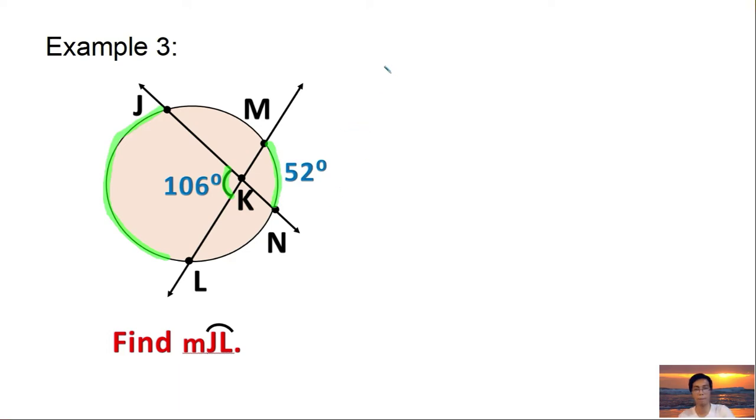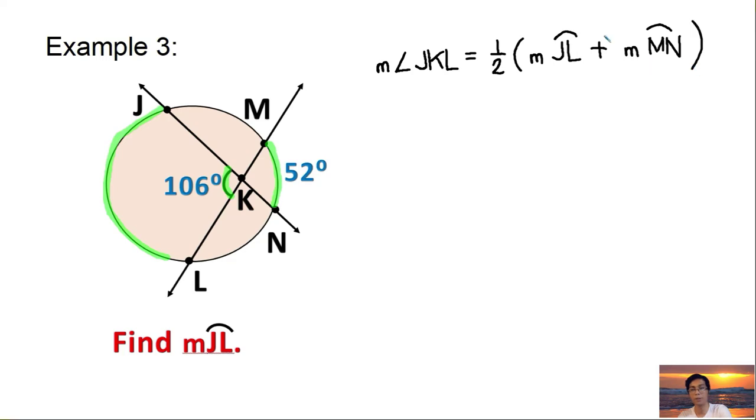The measure of angle JKL is equal to 1 half times the quantity, the measure of arc JL plus the measure of arc MN. So, walang pagbabago dun sa may first part. Now, substitute natin. Dito, binigay na yung angle.